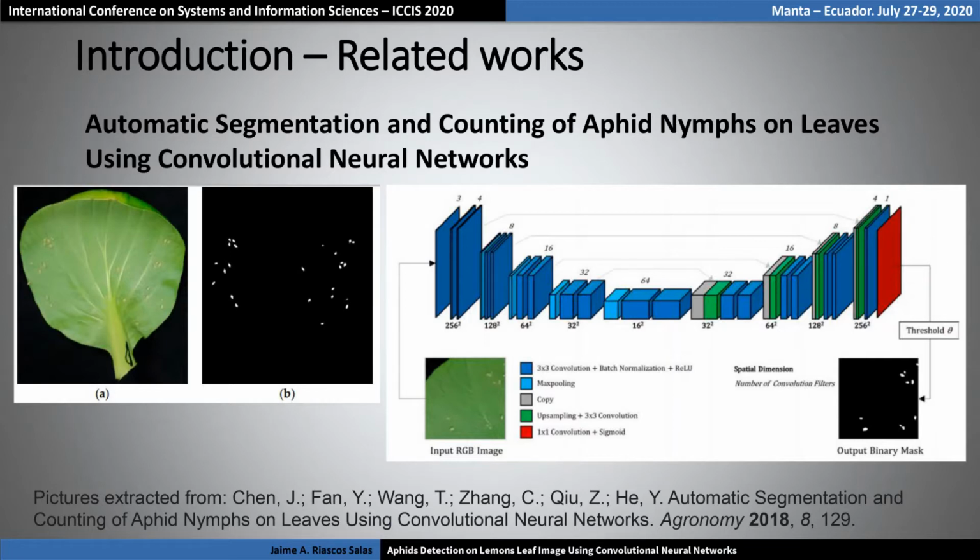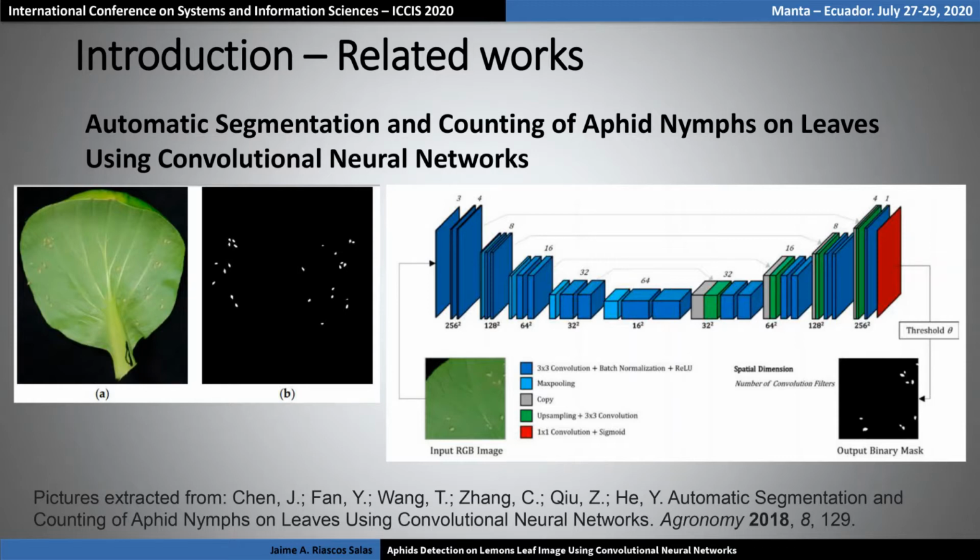In citrus plants, aphid detection works are scarce, but in a few cases, CNNs have been employed successfully. For example, in this work, Shin and colleagues exposed a method for segmentation and counting of aphid nymphs on leaves.